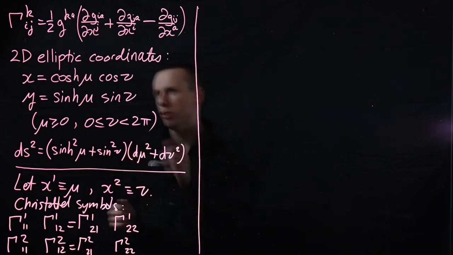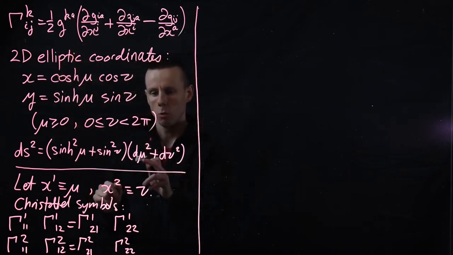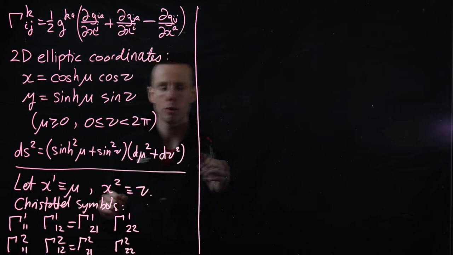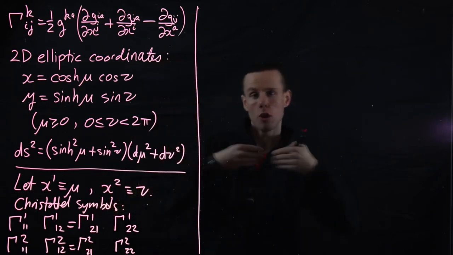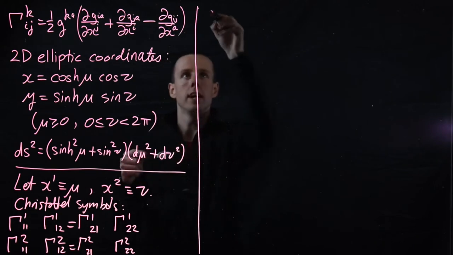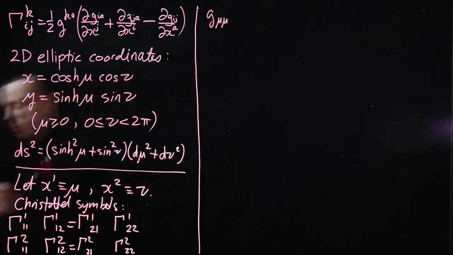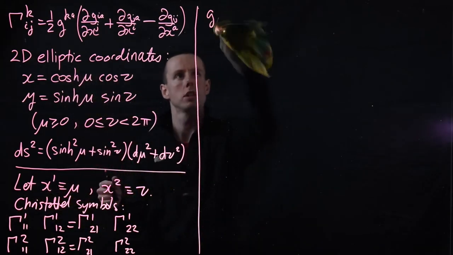To use this formula, we need the components of the metric. Now, what do we have? Remember, the components of the metric are just the coefficients of the squared differentials.